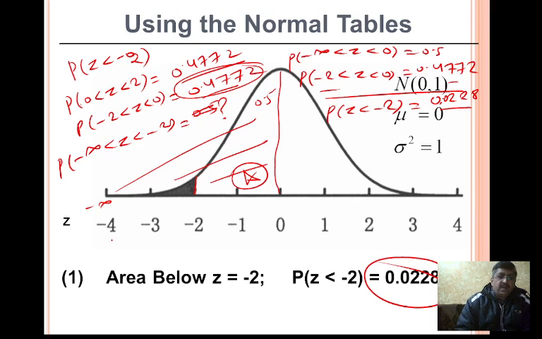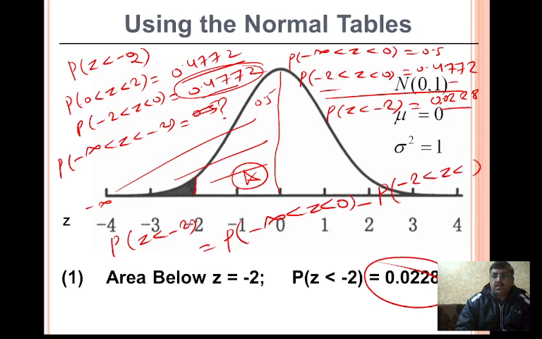And how do we do it? Let me elaborate one more time. We were interested in the probability of z less than -2. This is nothing but the probability of minus infinity to z to 0 minus the probability of -2 to z to 0.